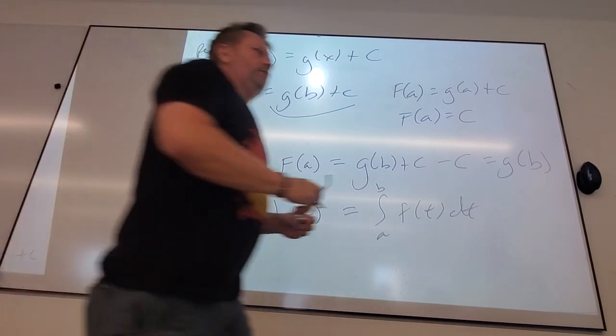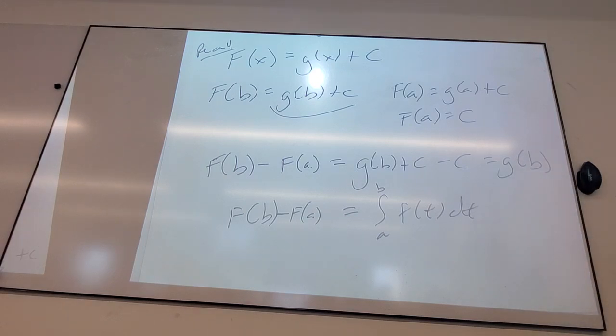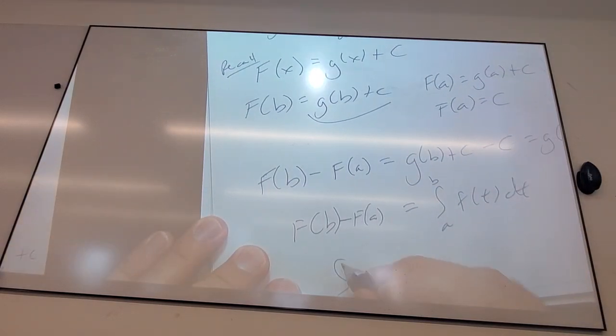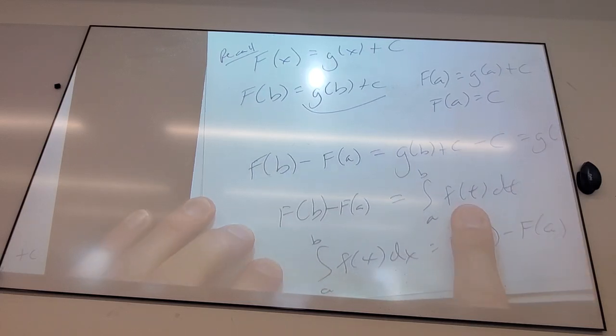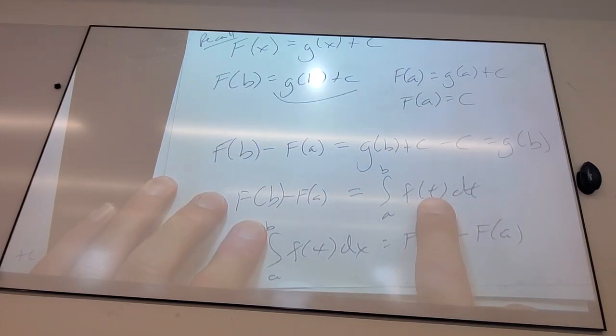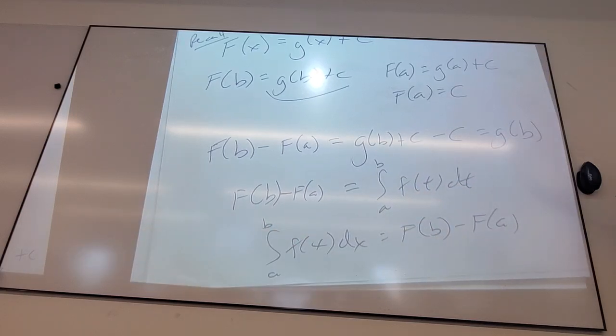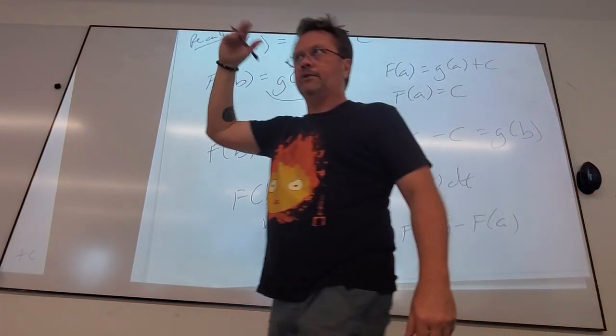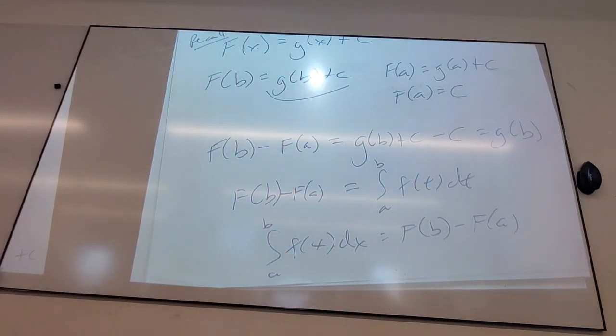Are you cool then if I rewrite this? I could rewrite this with f of w dw, f of t dt, f of s ds. The letter doesn't matter, yes? If I have the t-axis, then it's got to be dt.